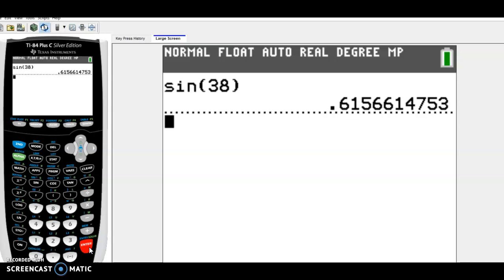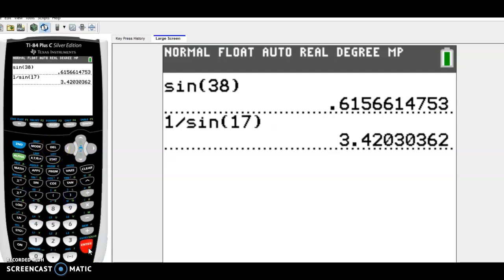So to find the cosecant of 17, you actually take 1 divided by the sine of 17. So if I key in 1 divided by the sine of 17, I get 3.4203 to 4 decimal places. So just punching it in, it's that easy.